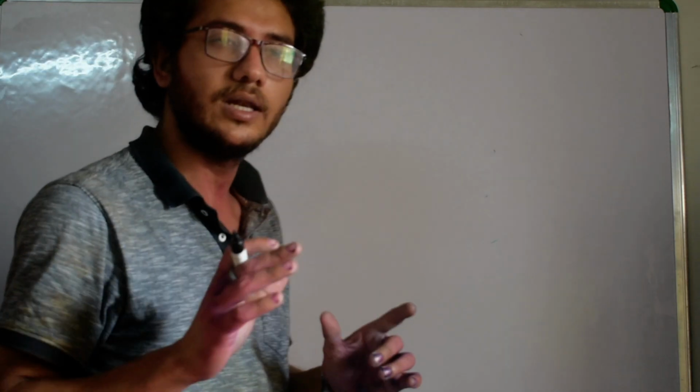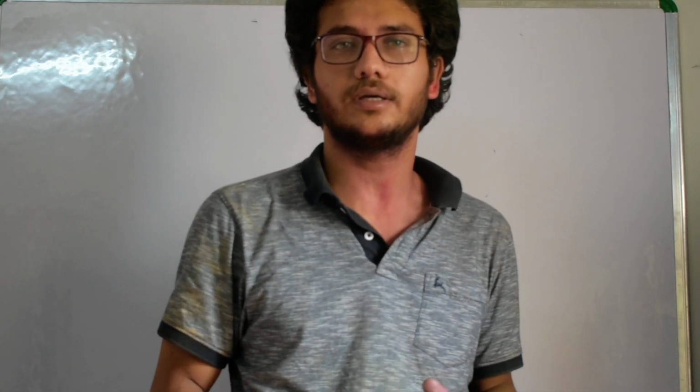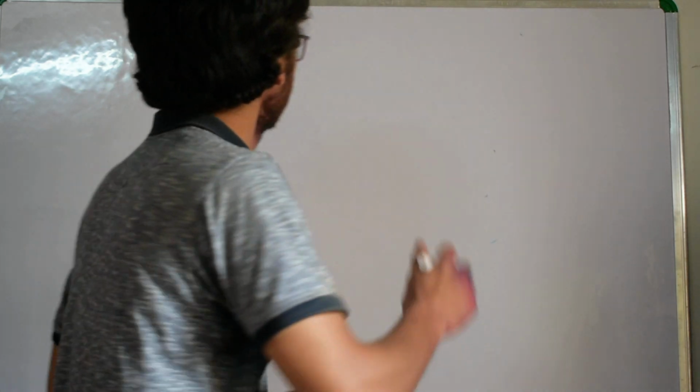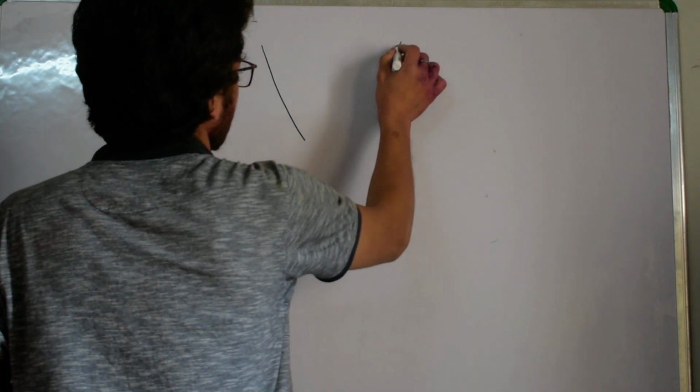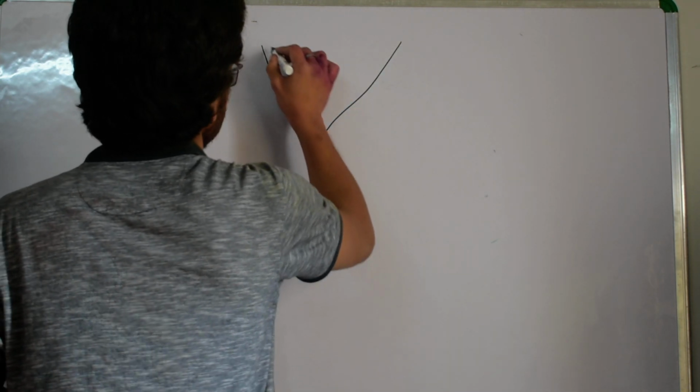One more thing, whenever we learn anatomy, try to see it in your own body. So, a triangular muscle in the arm, which comes like this.